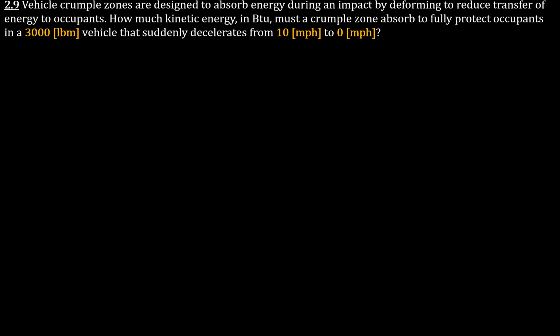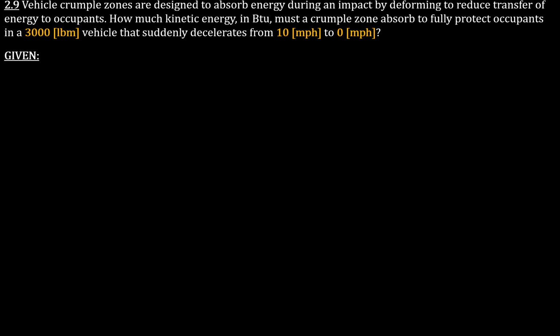So here we are told the vehicle crumple zones are designed to absorb energy during an impact by deforming to reduce transfer of energy to occupants. How much kinetic energy in BTU must a crumple zone absorb to fully protect occupants in a 3,000 pound mass vehicle that suddenly decelerates from 10 miles per hour to 0 miles per hour?